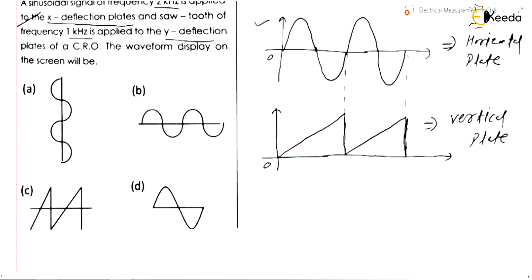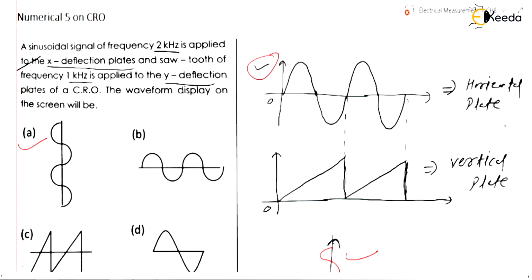But now if they reverse it, then we'll be observing the signal like this. Whatever the input signal is, that signal will be observed on the vertical axis. So the correct option is option A. You can imagine the position of the electron between the horizontal and vertical plates and you will get an idea. So this is about numerical number 5.